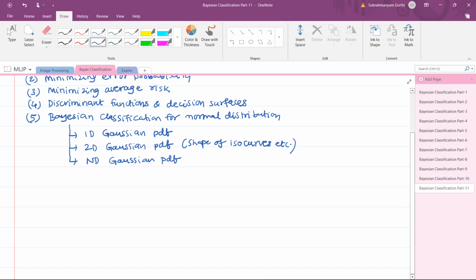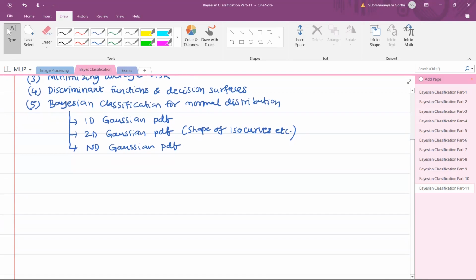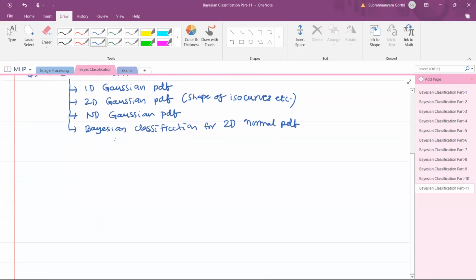And then we again did Bayesian classification for 2D Gaussians. In particular, Bayesian classification for the two-dimensional normal distribution or Gaussian, you could call it either. We spent quite some time on this where we discussed decision hyperplanes.